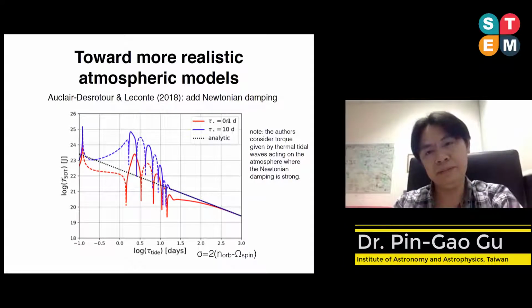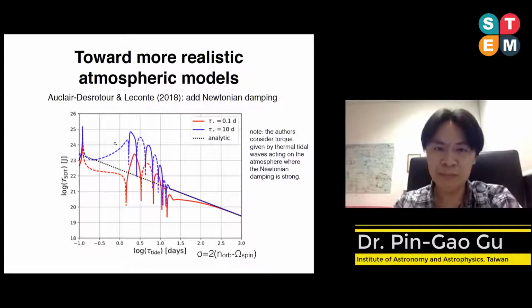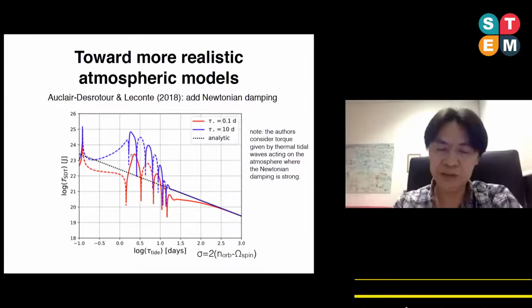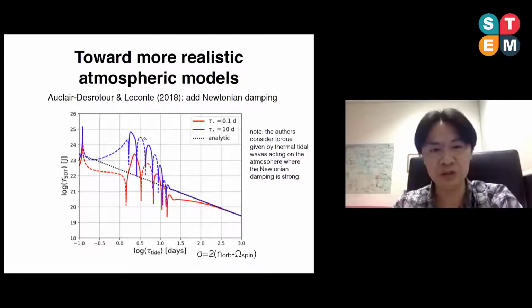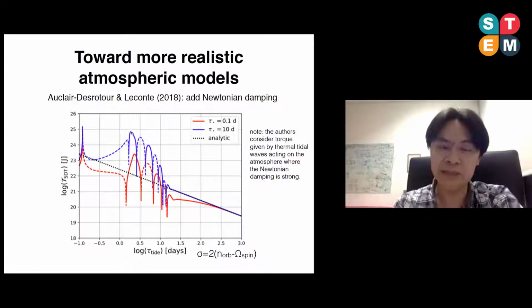Taking that into account, they show the strength of the thermal bulge, the quadrupole moment, dramatically dropped by 1 or 2 orders of magnitude compared to the original curve in blue.